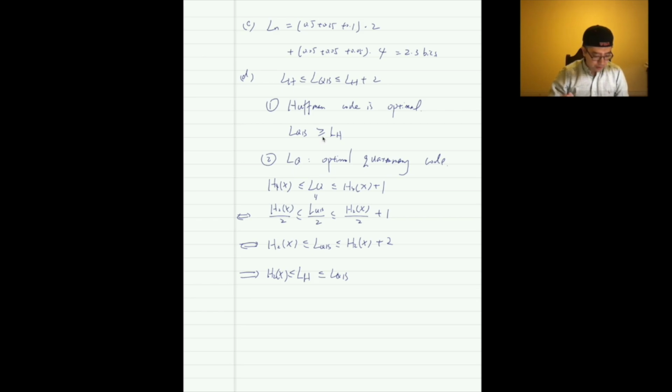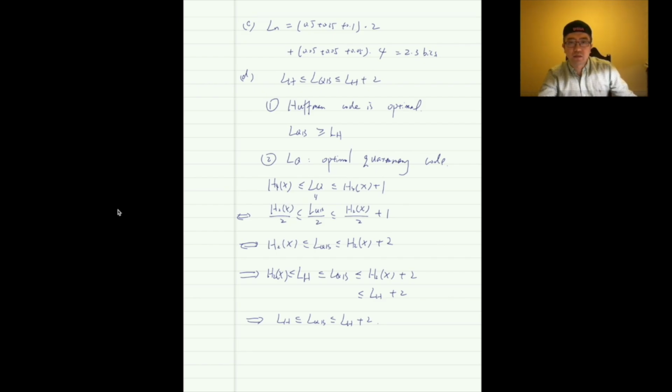And then LQB is less than or equal to H2x plus 2. Again we use the relation, LH is larger than H2x, so this is less than LH plus 2. From here, we can basically see that LH is less than or equal to LQB, less than or equal to LH plus 2, and this is what we want to show.